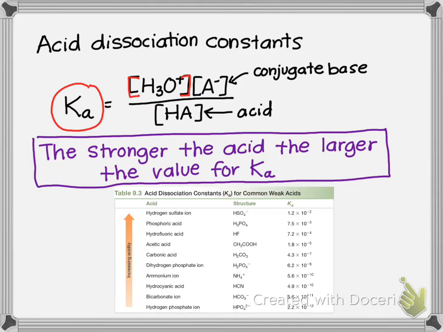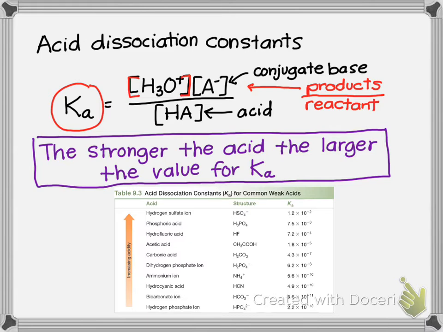But if you recall, in an equilibrium constant, it was the concentration of the products divided by the concentration of the reactants.